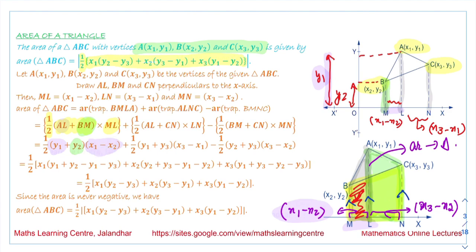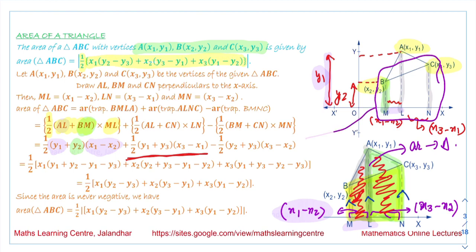Similarly, for the second trapezium, this whole trapezium over here, this is the first trapezium and this is the second trapezium, the area we will get in this form. And for this lower part, BCNM, the area of this trapezium will be the sum of the parallel sides.